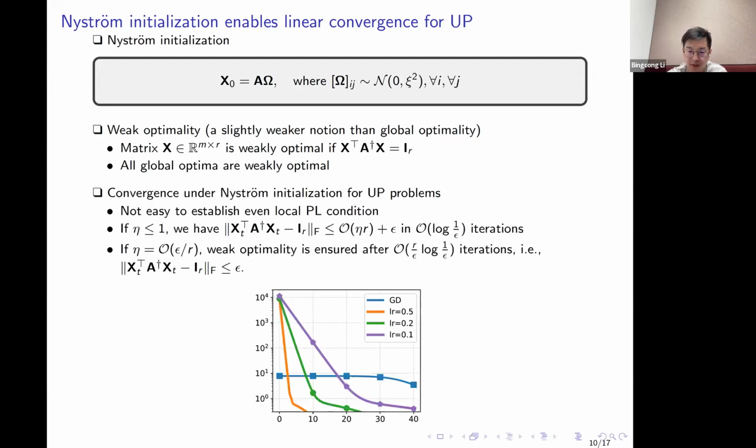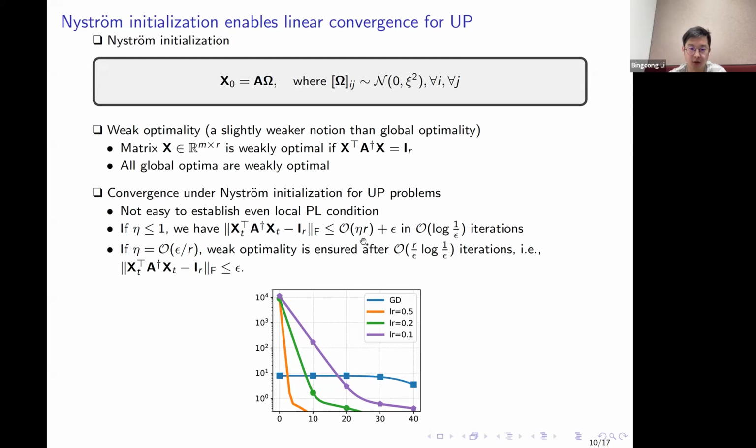And under weak optimality, we can show that the convergence behavior of scaled gradient descent under Nyström initialization is roughly like this. Essentially, if we are using a constant learning rate smaller than 1, we can get a linear rate up to a point that is close to the neighborhood of the weak optimum.